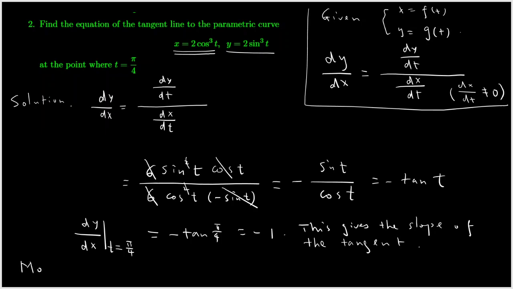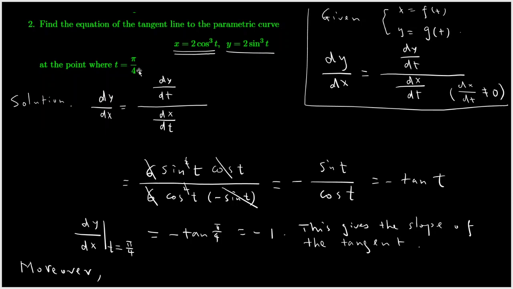Moreover, I don't know if I can squeeze everything on this slide or not, but I'm going to write something here. Moreover, we need the point on the graph. The point is determined by t value of pi over 4. We just mentioned each value of t determines a point.